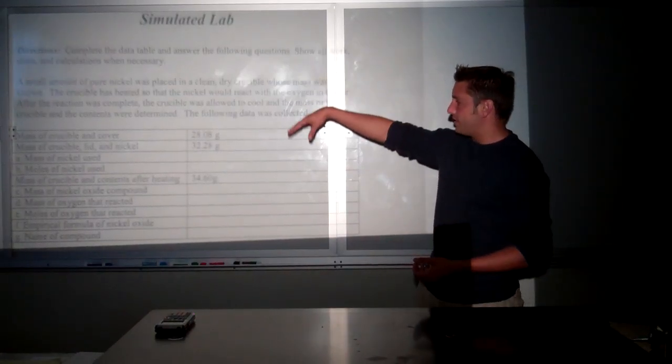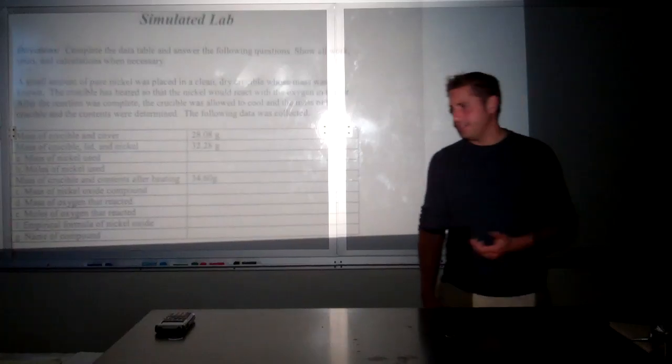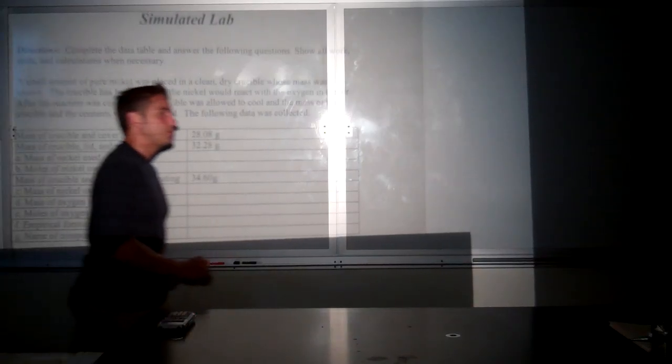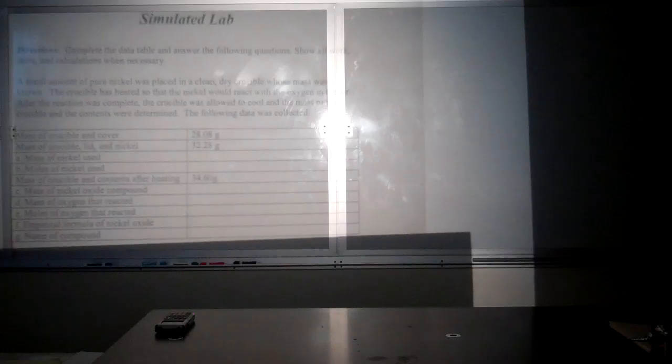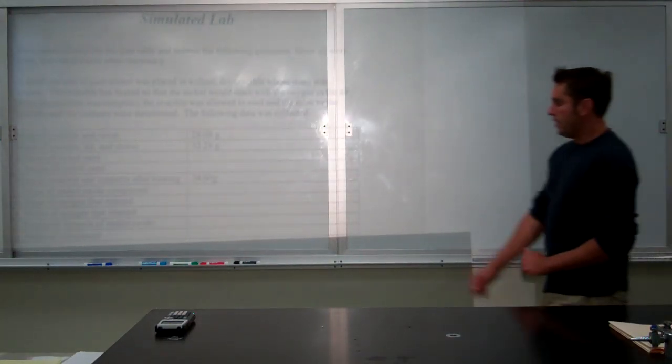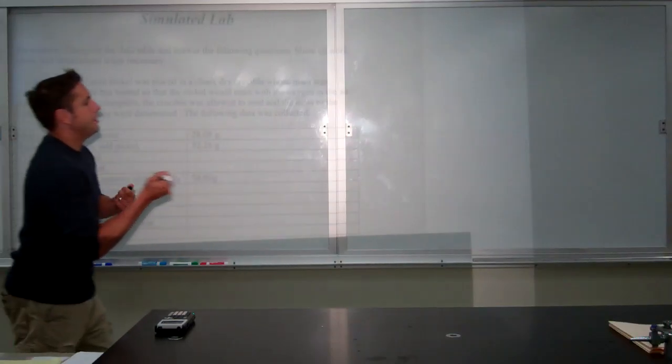I'm going to take this away and we'll bring it back up as needed. The first thing they want us to find is the mass of nickel used. So we'll jot that down over here.